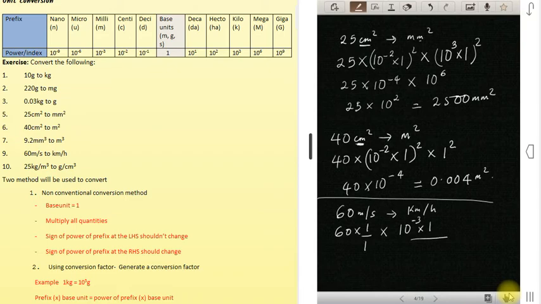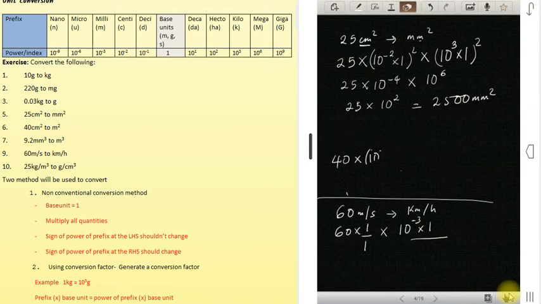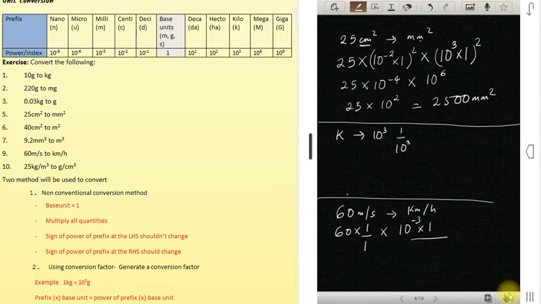Now I want you to check out something about hour quickly. When you're considering hour, recall that kilo is the same thing as 10 to the power of 3, but on the right hand side I'm replacing it with 1 over 10 to the power of 3, or 10 to the power of minus 3. Okay, the same thing will apply to hour there.